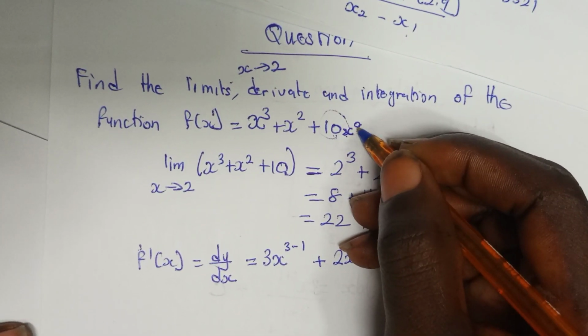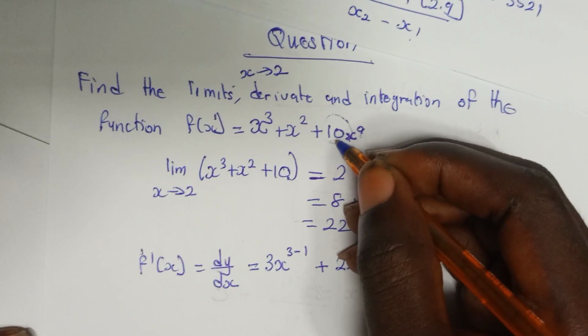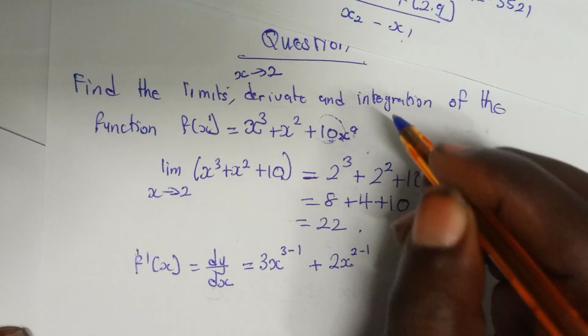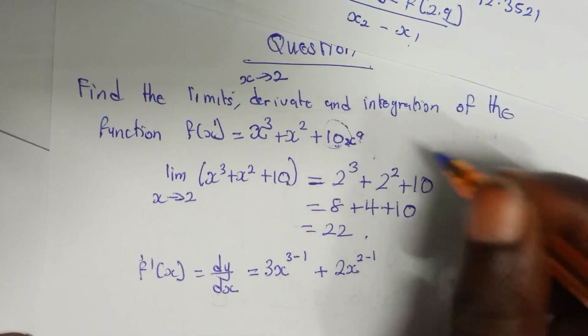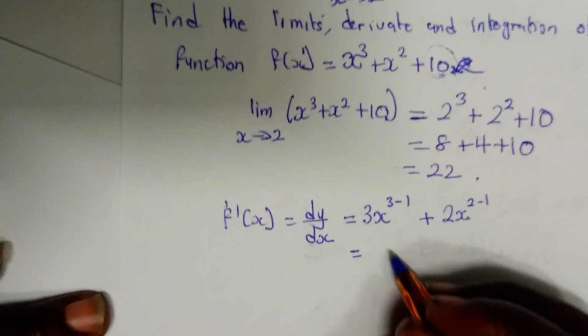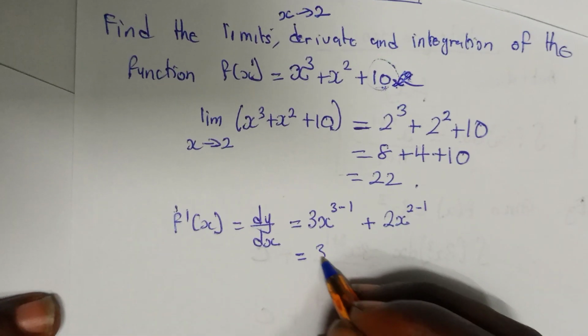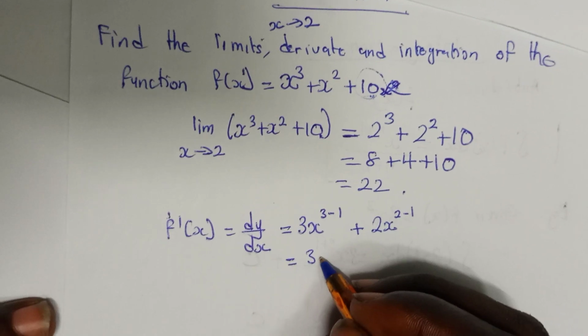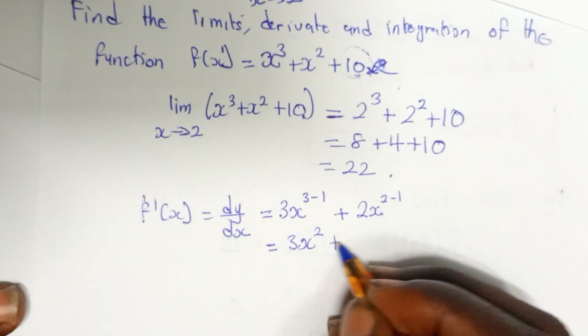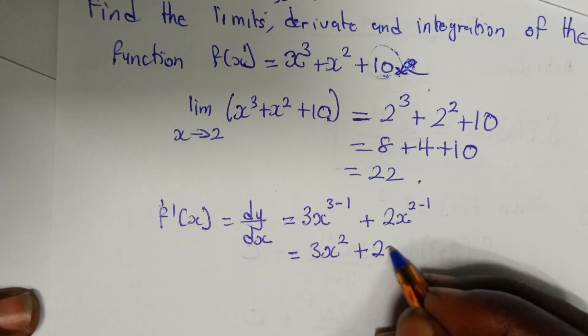So this 0 will come and multiply the coefficient of x, making it 0. So the derivative of a constant is 0. Okay, so we are going to get 3x exponent 2 plus 2x.